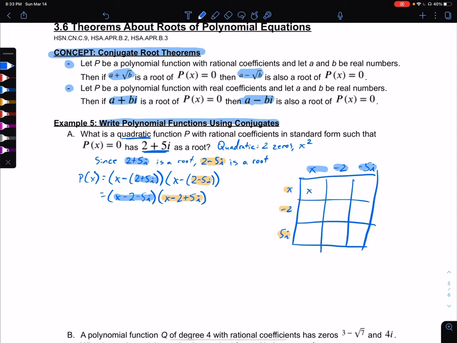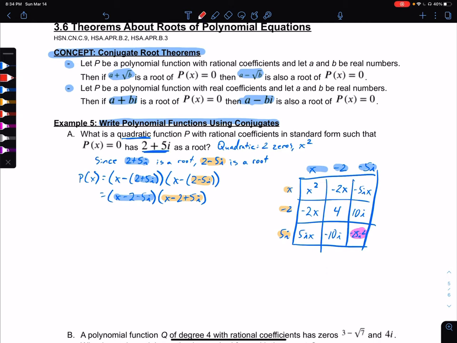So multiplying: x squared, negative 2x, negative 5ix, negative 2x, positive 4, positive 10i, positive 5ix, negative 10i, and negative 25i squared. Now, I want to make a little note of that. Be careful with that i squared. We'll simplify that in just a minute.